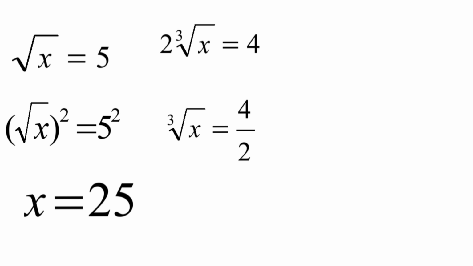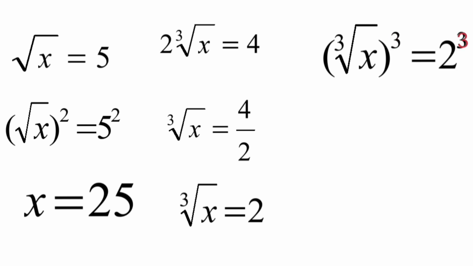So the cube root of x equals 4 divided by 2, which is 2. Since this is a cube root, we are going to raise both sides of the equation to the power of 3. So we have the cube root of x, cubed, equals 2 cubed. So x equals 8.